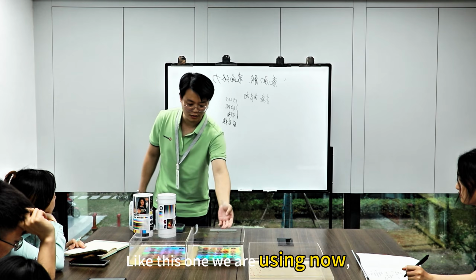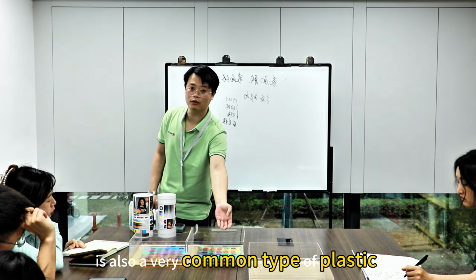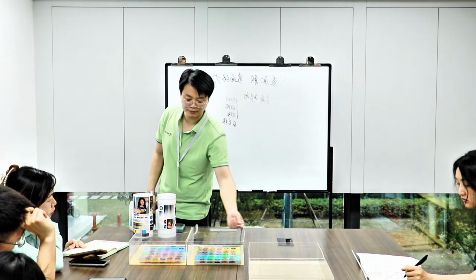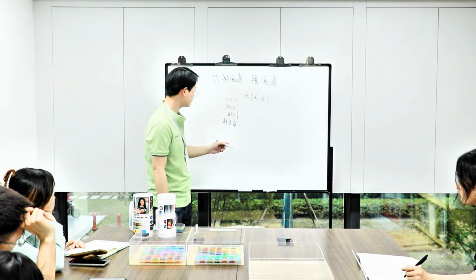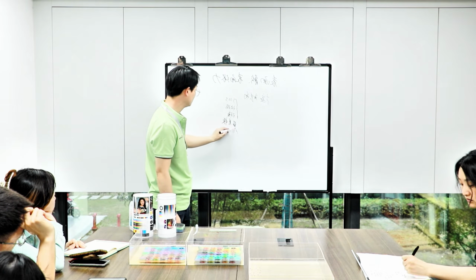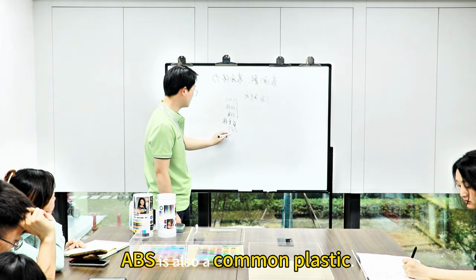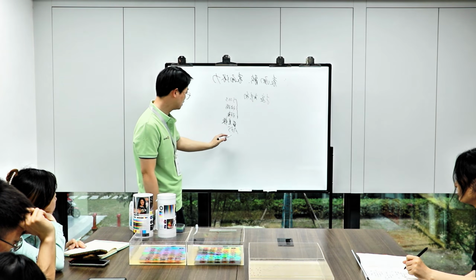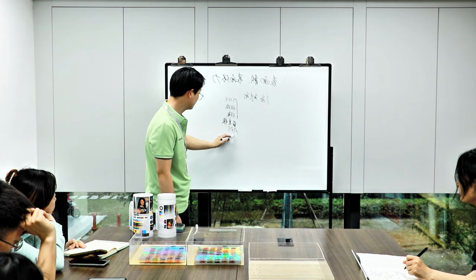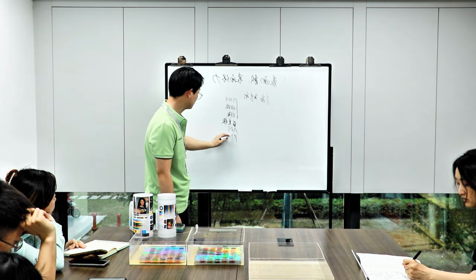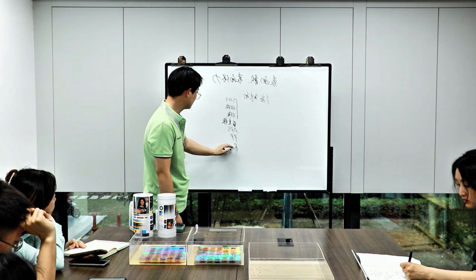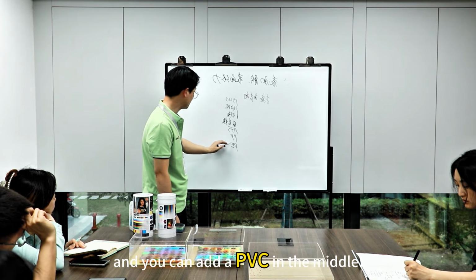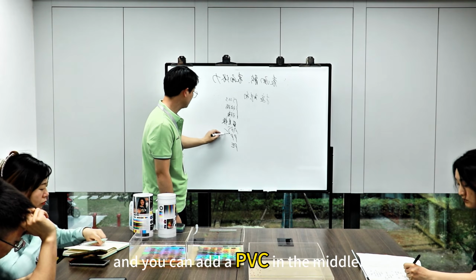Like this one we are using now, is also a very common type of plastic. And then ABS. ABS is also a common plastic. Many containers also use it. Then down, PP, PE, and you can add a PVC in the middle.